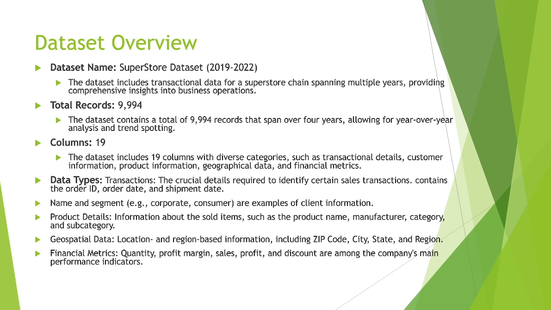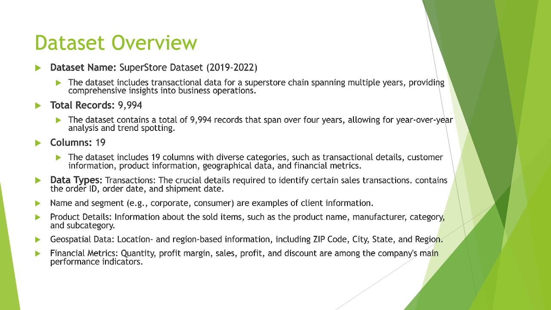Transactions: the crucial details required to identify certain sales transactions, contains the order ID, order date, and shipment date. Name and segment are examples of client information, such as corporate or consumer. Product details: information about the sold items such as the product name, manufacturer, category, and subcategory.